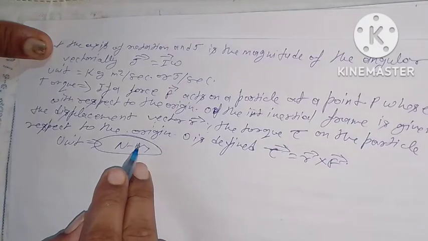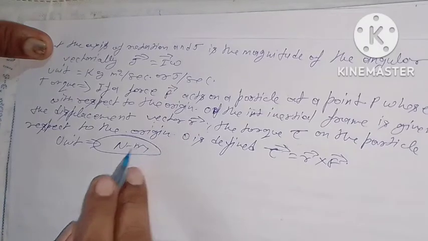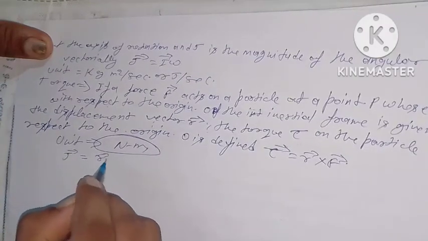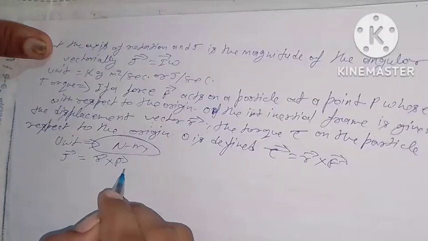Torque is the time rate of change of angular momentum. The angular momentum vector J equals vector r cross vector p.